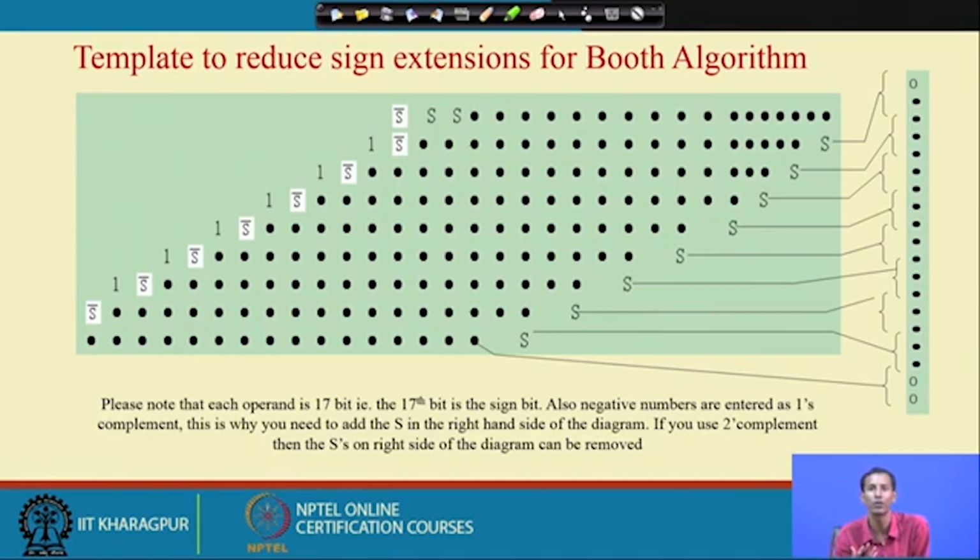So, what is the logic behind putting this 1 and s bar? We will take the example and see how we can do that. It is not that it is coming from the air, there is a logic behind it.